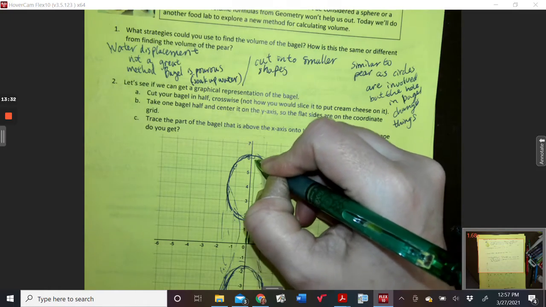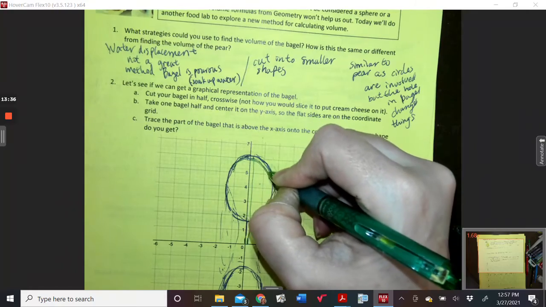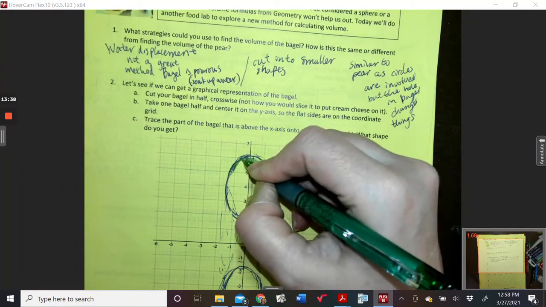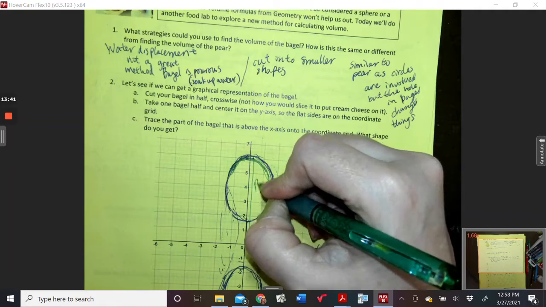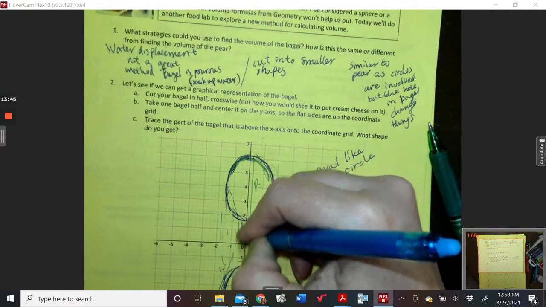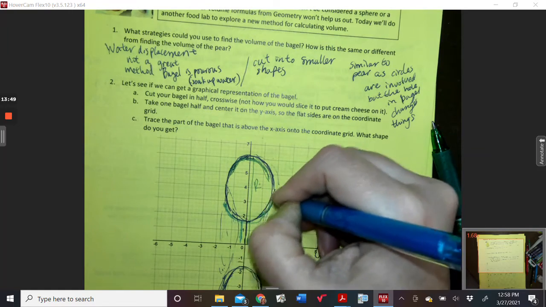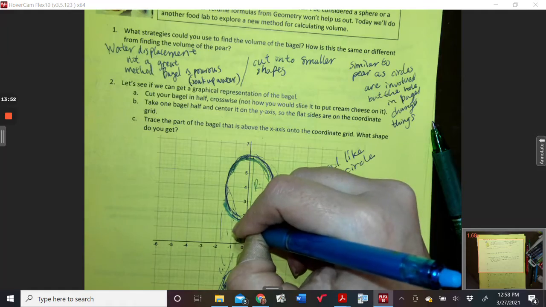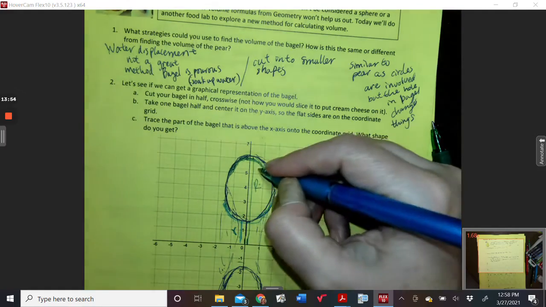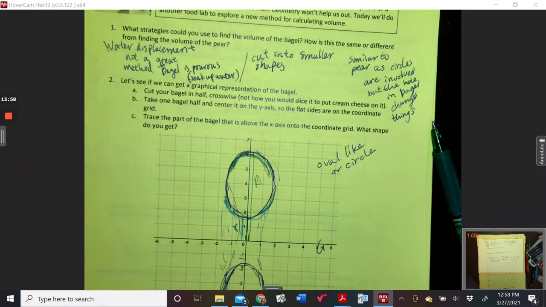My outer radius is from my axis of rotation up here, the top part of the curve, that's going to be big R. And then little r will actually be down here. The hole. Big R is the edge, little r is the hole.